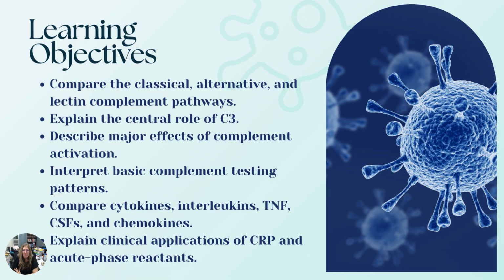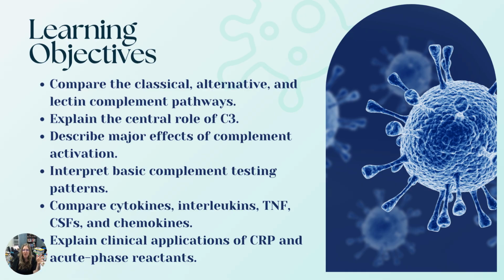So there are several objectives here, but notice how most of them ask you to compare, explain, describe, or interpret. That's intentional. I care a lot more about whether you can look at a complement pathway and explain what's happening than whether you can memorize a long list of complement proteins.